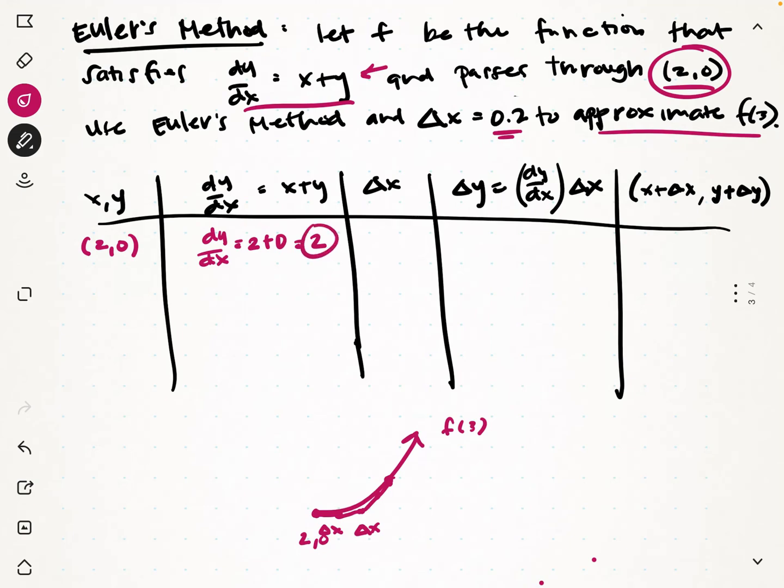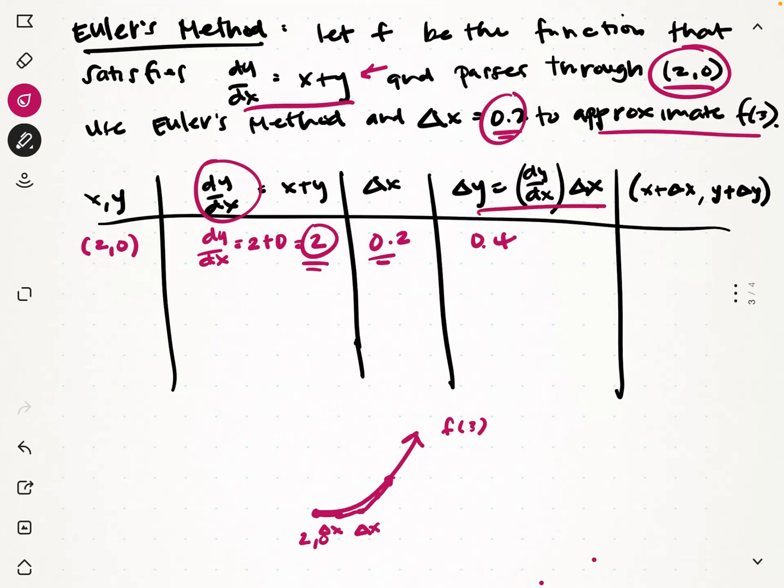Okay, our change in x is not going to change, that's 0.2. And then these things are going to calculate from what we just put in there. So the change in y is going to be dy/dx, which is 2, times the delta x. So 2 times 0.2 is 0.4. Again, to get this column, we just multiply the two columns in front of it.